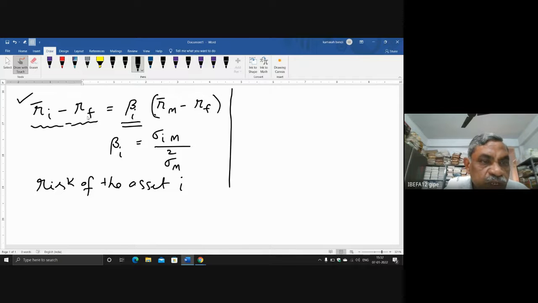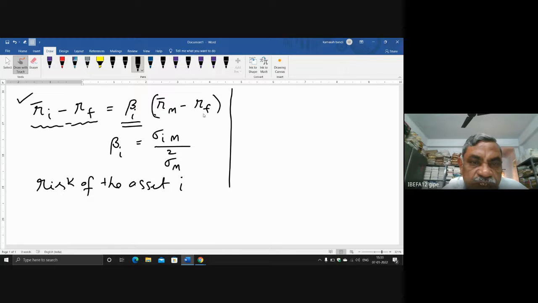Okay. So the deviation from this, if it is positive, it means you are expecting more return. When you are expecting more return, obviously there is also a market risk. So this excess return should be related to the market excess return. What is that market excess return? This is the return on the market portfolio over and above the risk-free return.